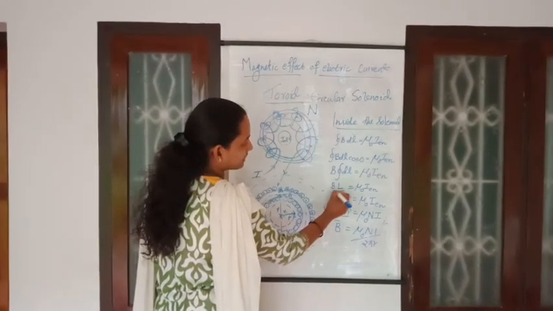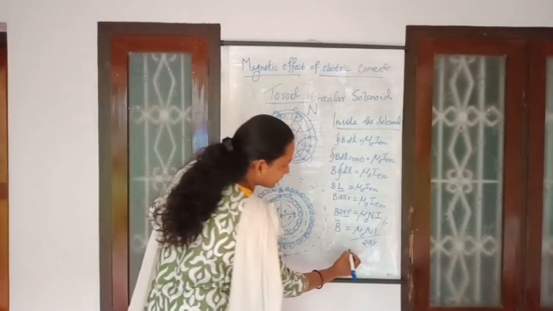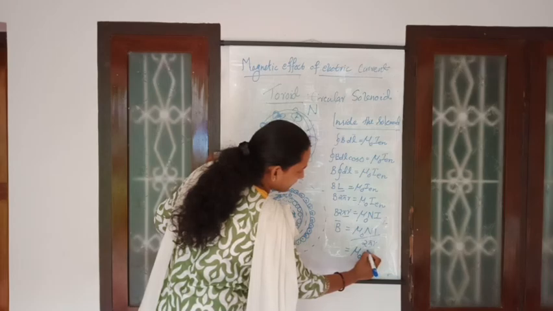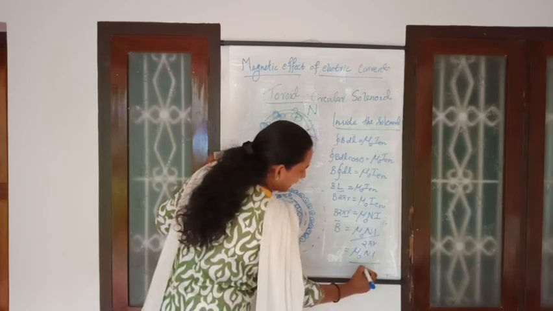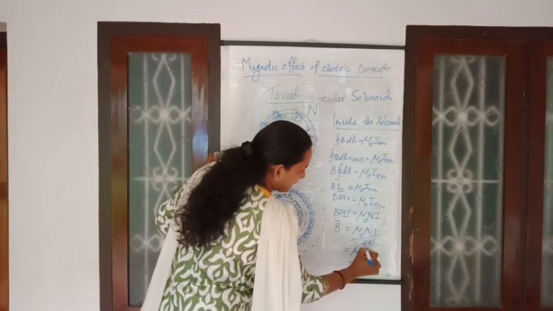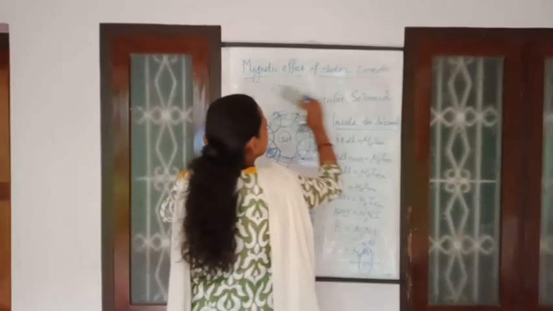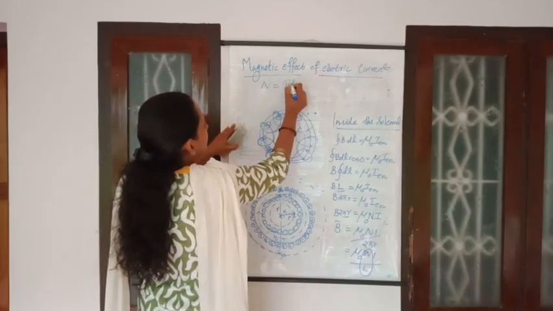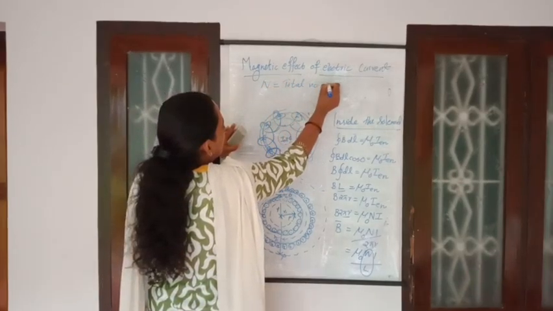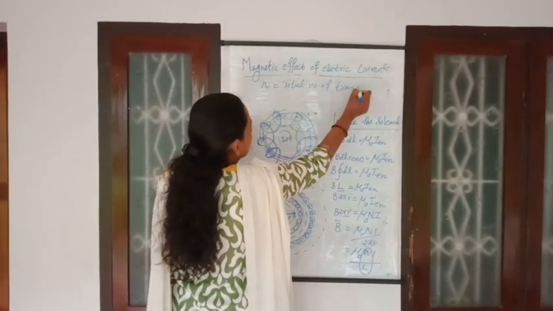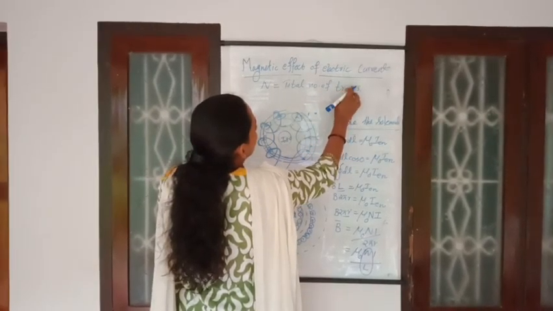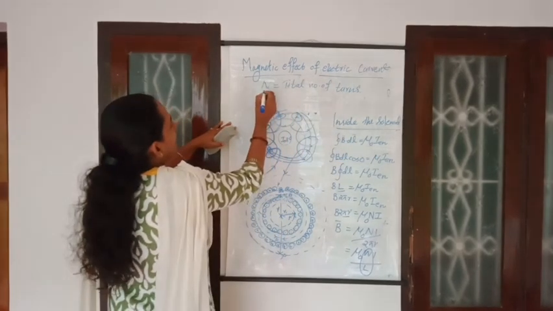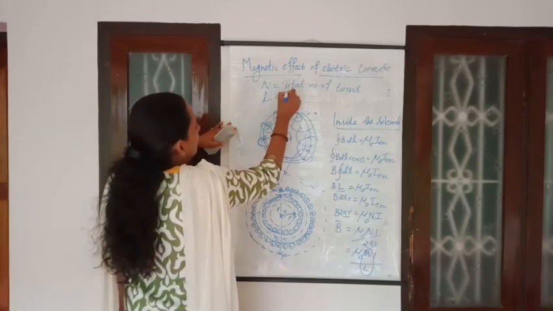But 2 pi r is actually L, the length of the Amperian loop, or the length of that solenoid. Therefore it is mu 0 N I by L. But what is this N by L? Where capital N is the total number of turns and L is the length of the solenoid.